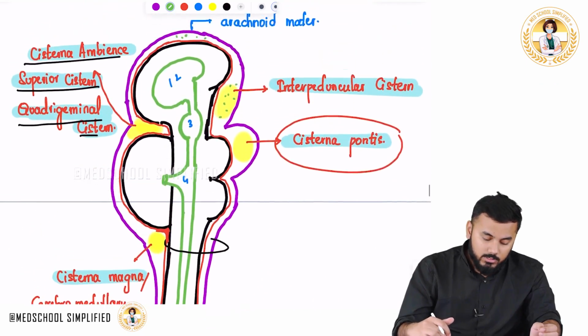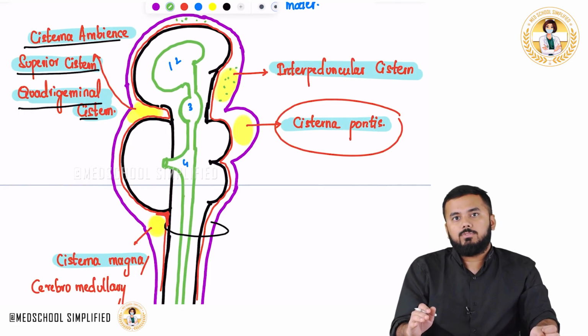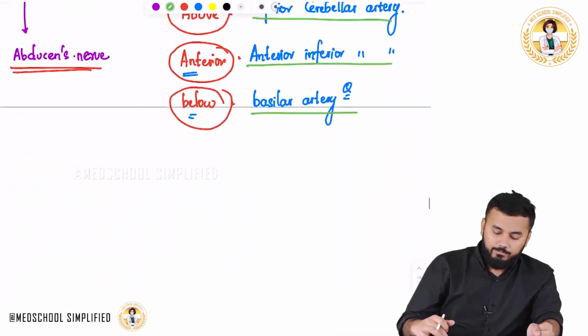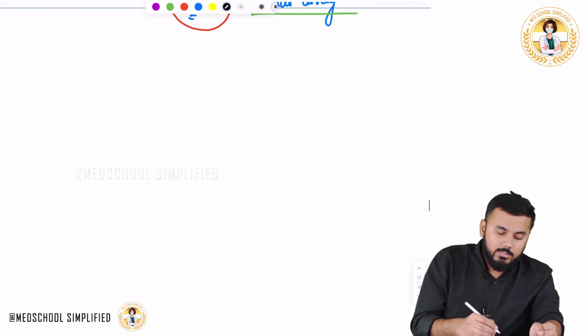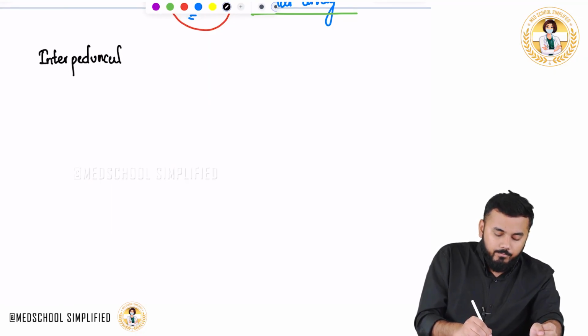Now after these 2 cisterns are finished, cisterna magna and cisterna pontis, the next important cistern we shall be discussing is interpeduncular cistern.